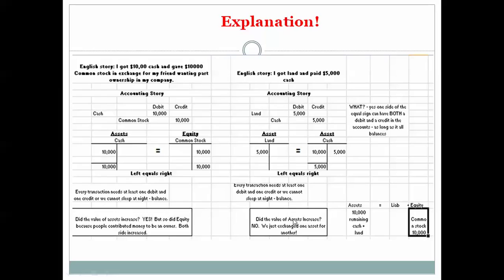Well, overall, no. We still have $10,000 worth of assets, just like we did here, but we took some of that asset cash, used it to buy land, plus minus equals normal balance $5,000. We still have $10,000 remaining in cash and land, and we have $10,000 in common stock. So the overarching umbrella, the left is equaling the right. The debits and credits are still equaling. Everything is working out. We can sleep at night.